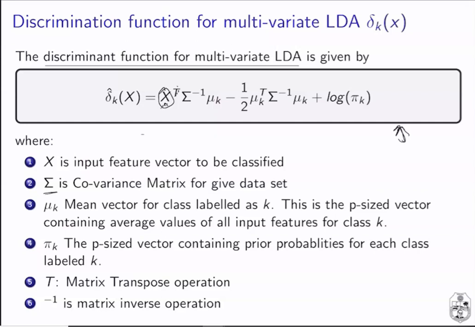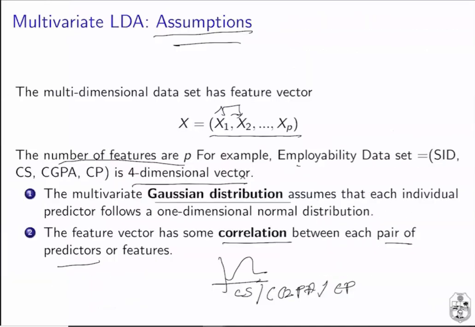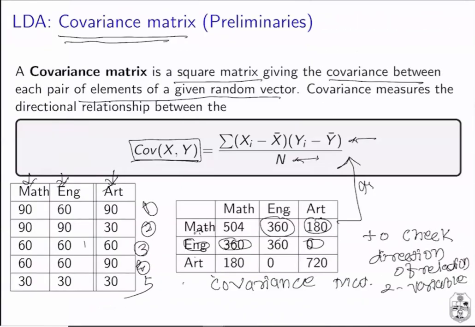Then here the sigma, don't read it as the summation operator, it is the sigma alphabet in the Greek alphabet. Sigma stands for the covariance matrix. The covariance matrix is calculated like this. So this is the covariance matrix, this is our sigma.